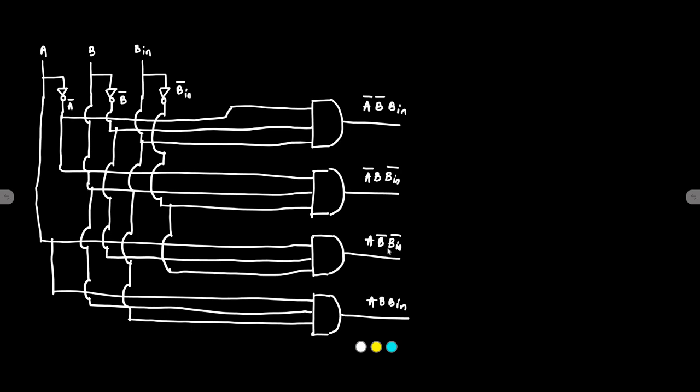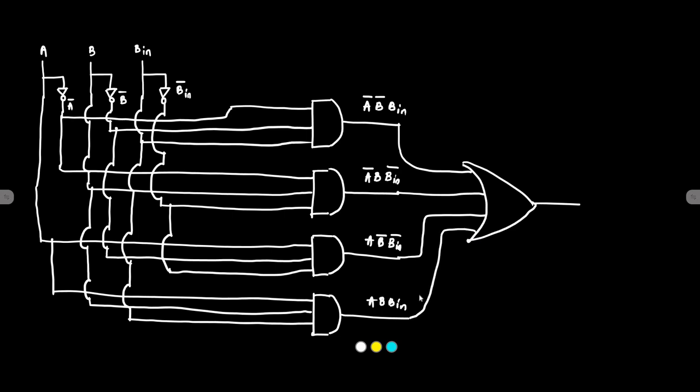Now we have to use a 4 input OR gate to OR them together. So finally the sum of these product terms, min terms.